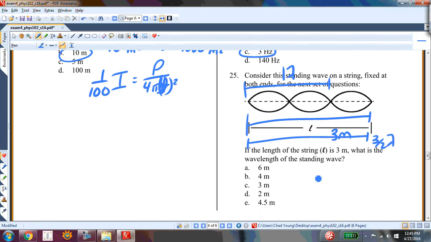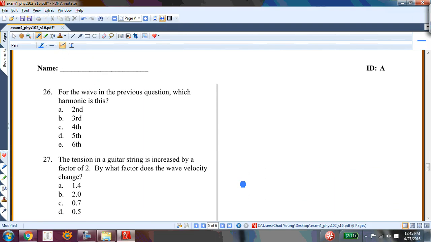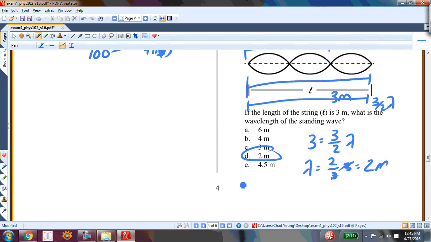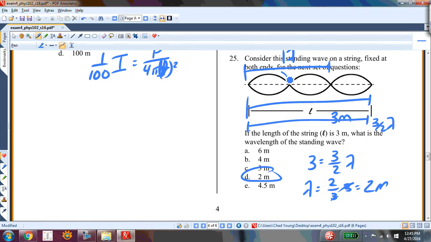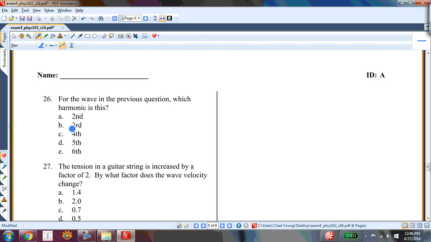So I say 3 is equal to 3/2 wavelength. So wavelength is equal to 2/3 of 3, which is 2 meters. So D is the right answer. And then also on this question, which harmonic is this? Well, this would be my first harmonic. This is my second harmonic. And so this is my third harmonic.